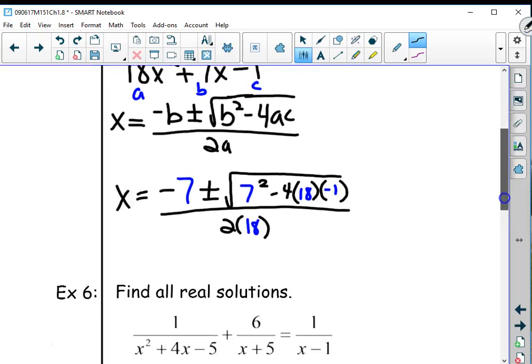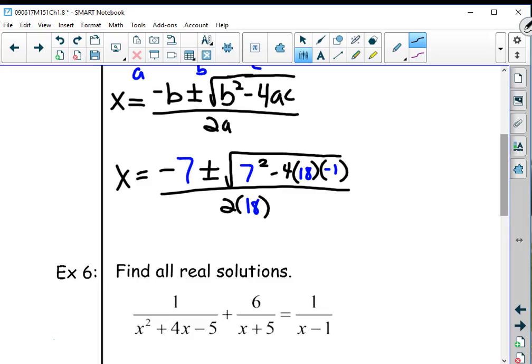Now, one thing I want you to think about when you're simplifying the quadratic formula: do the signs inside that radical first. By that I mean, look, I've got a negative in front of the 4, I have a negative in front of the 1. I know a negative times a negative is a positive.